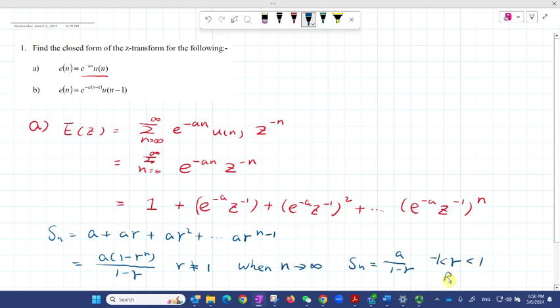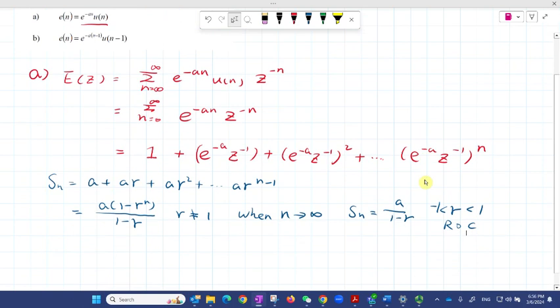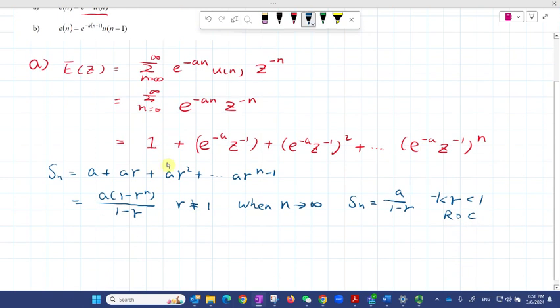This is the region of convergence, so the series converges to a number. If, for example, r is 2, then it's not a number, it goes to infinity. Only when r is within this range does Sn equal this. This is something you may have learned in some other class.